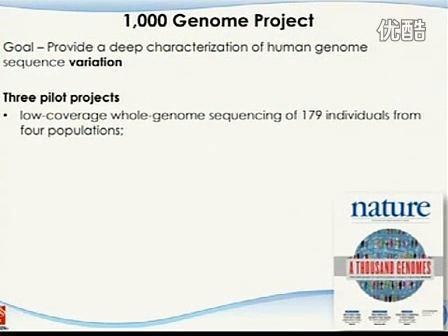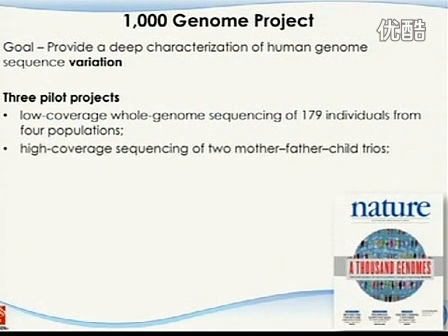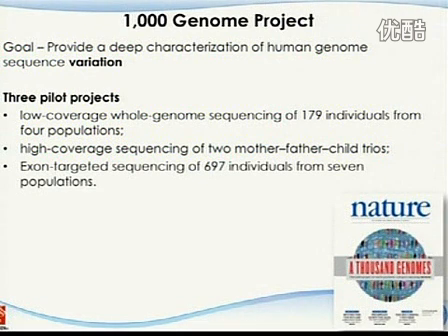There were 3 pilot projects published here. The first one is a low coverage whole genome sequencing of 179 individuals. It's very low coverage; they cover the human genome only 4 times, 4x coverage. They also did very high coverage sequencing of 2 trios, mother-father-child trios.